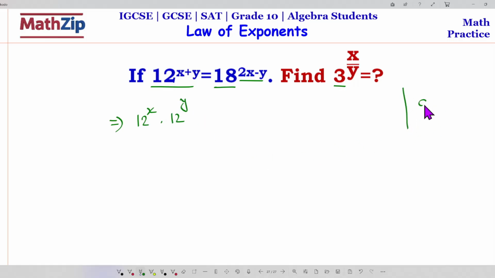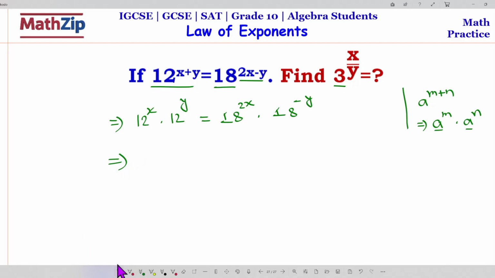Because we know a to the power m plus n equals a to the power m times a to the power n, because once bases are same, in product the power will be added. And this one also we can write 18 to the power 2x times 18 to the power minus y.